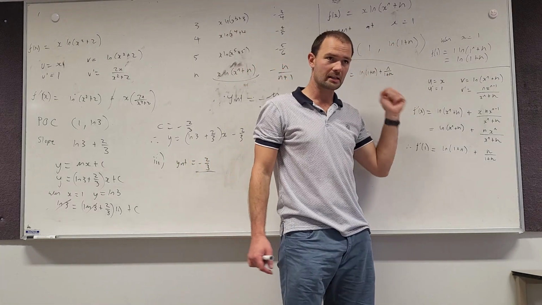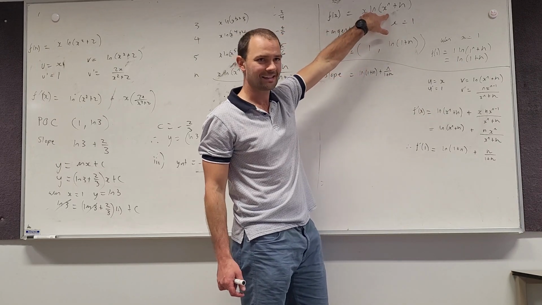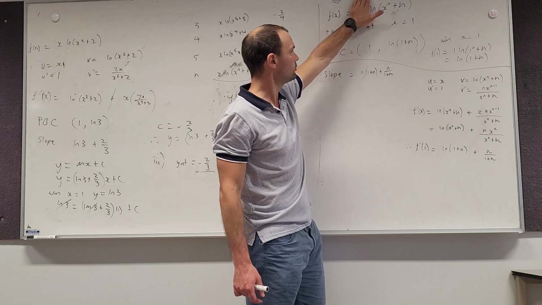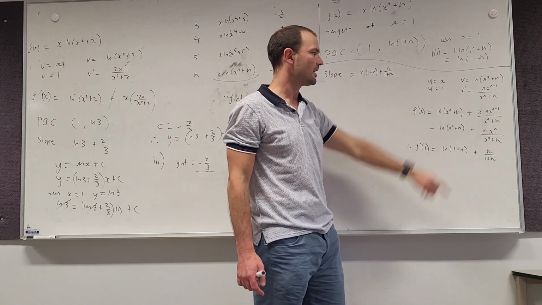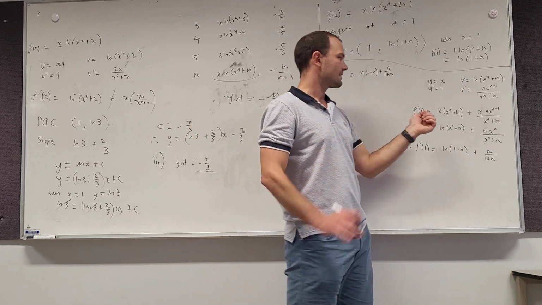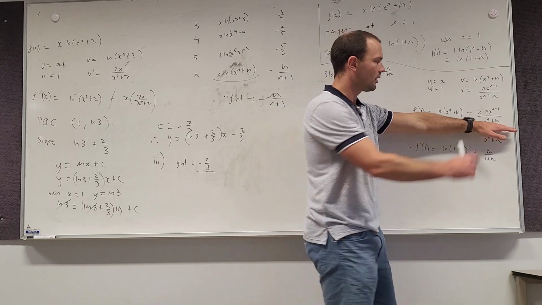And in order to answer the slope, we need the slope function. So we need to differentiate this one. Again, it's the product rule. We've got u times v, so u dash, v dash. Smash all that together. And I'll just talk about what's going on here.